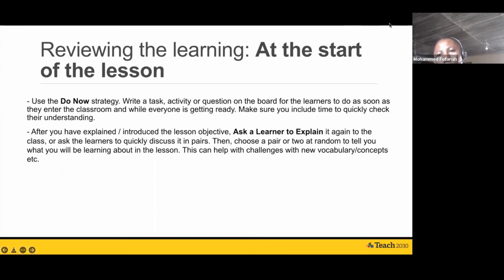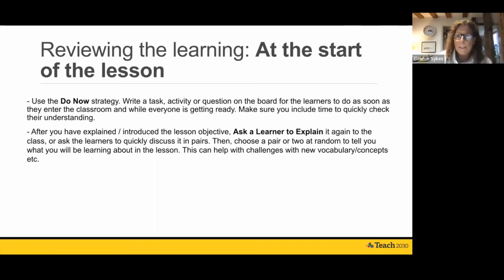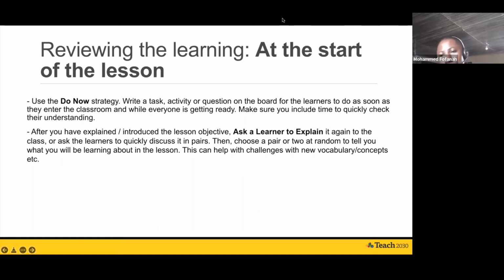If somebody checks the lesson book, there's nothing pertaining to the lecture you gave on the board. So if you didn't inspect the learners' copy books, then at the end of the day they're going to get a lot of errors. And at the time for the test, you're going to face a lot of challenges. Even at the time for review, it's going to be a serious problem for you. So you have to do a thorough check at the beginning of the lesson and also at the end of the lesson to know if the learners are on the right path.